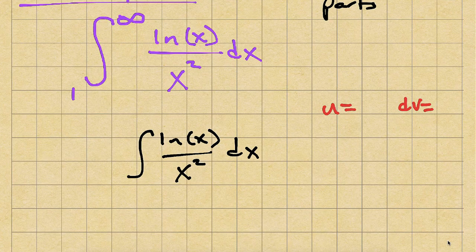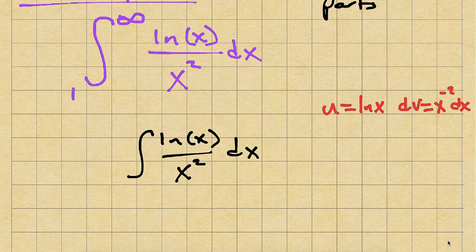So probably the best thing to pick to be u would be the natural log of x, because we definitely can differentiate that. We cannot integrate the natural log of x, so that's what we're going to pick to be u. And to pick dv, we're going to pick x to the negative 2 dx, because it's on the denominator, so I can move it to the numerator, and then I can apply my integration rules.